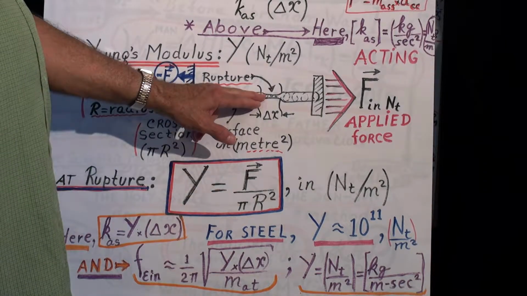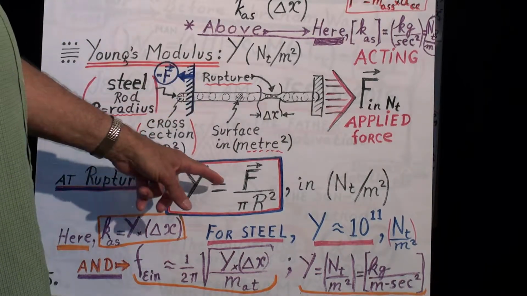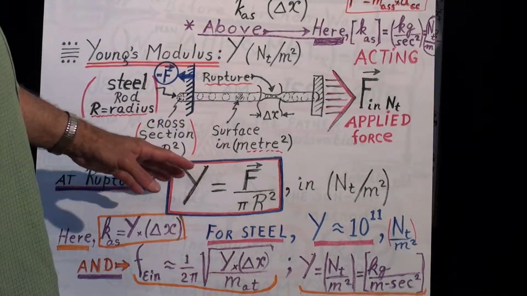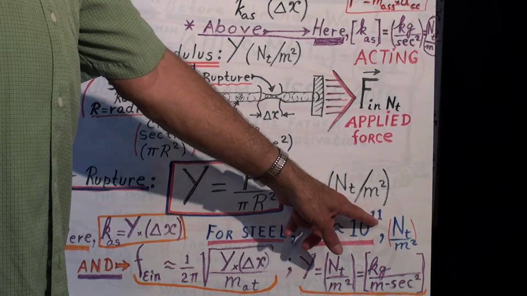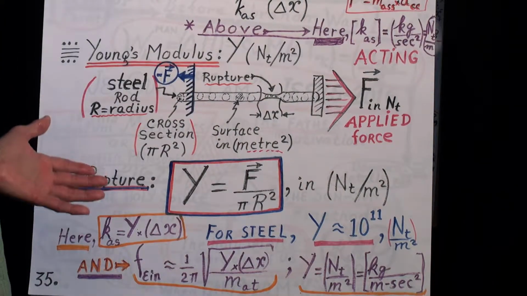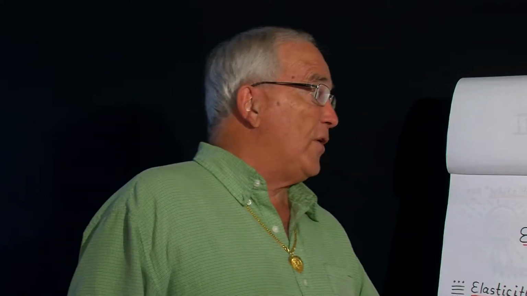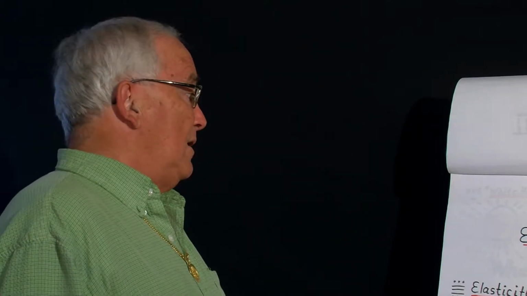you can calculate how many atoms there are there. So you can calculate the necessary force there. The Young's modulus is in the range of 10 to the power 11 Newton per square meter for steel. So it's a lot. It's 100 billion Newton per square meter.